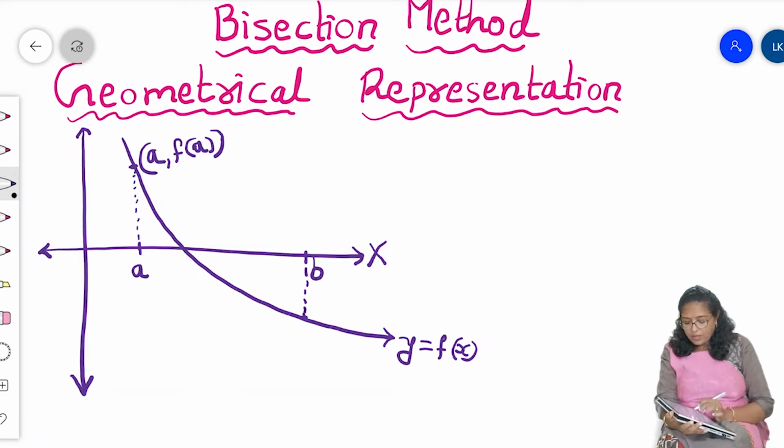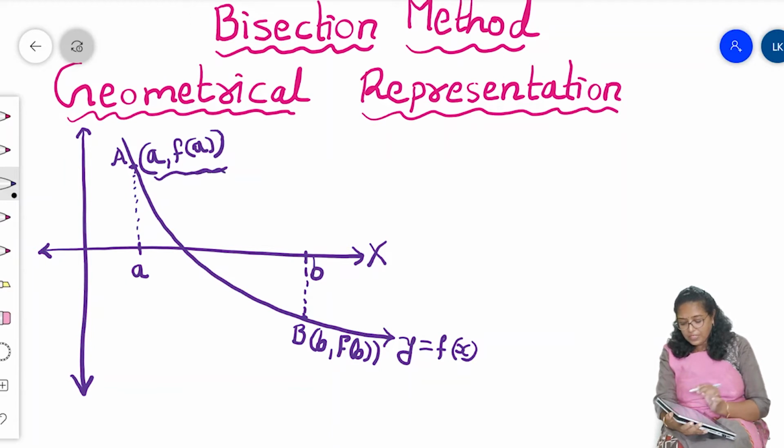Here, let us name capital A the point (a, f(a)) and capital B the point (b, f(b)). Now, f(a) is positive, f(b) is negative.